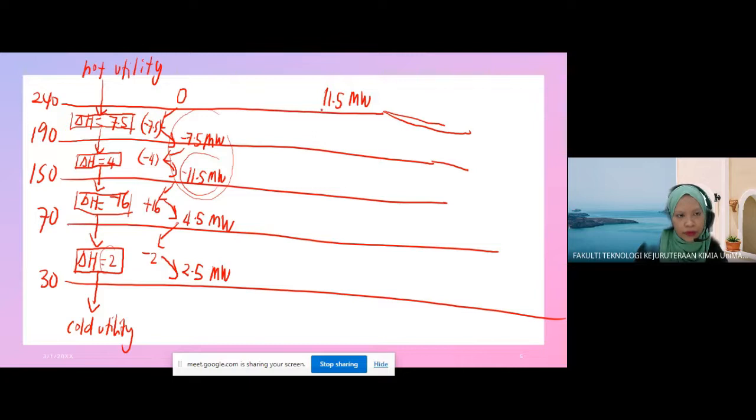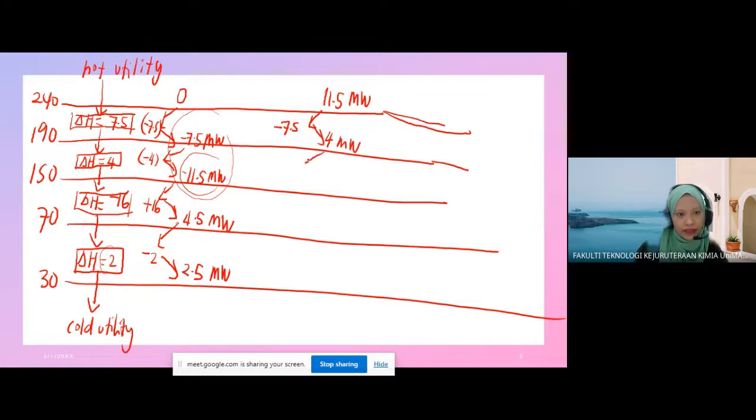Now you cascade the heat of 11.5, and because at this interval there is a heat deficit of 7.5, 11.5 minus 7.5 becomes 4 megawatt.